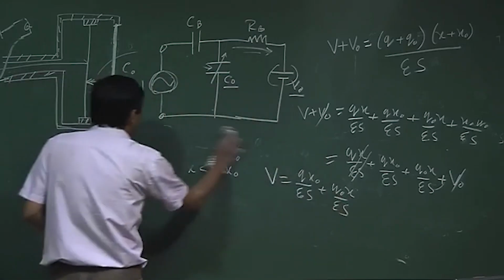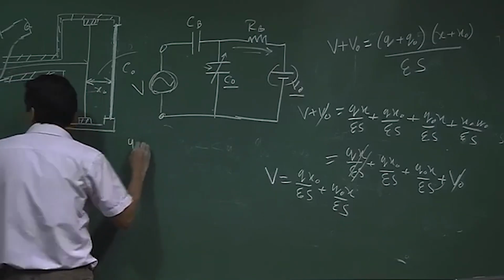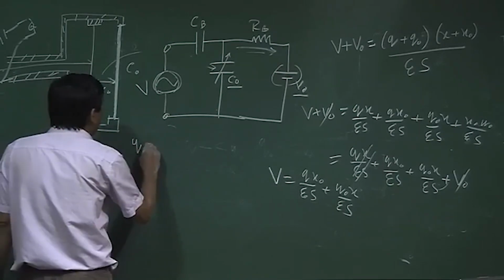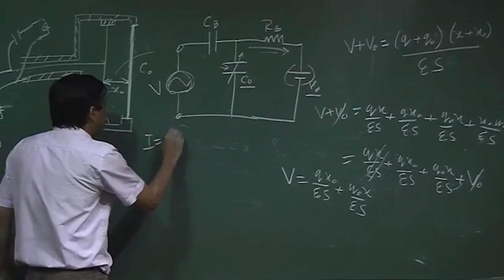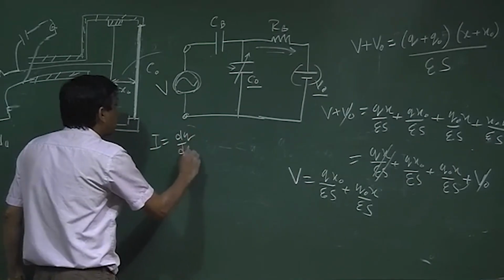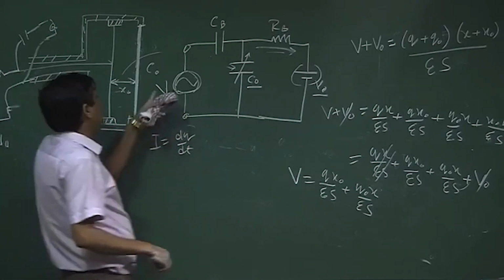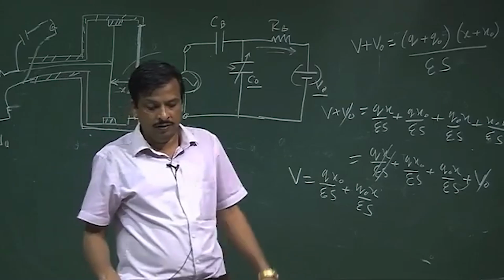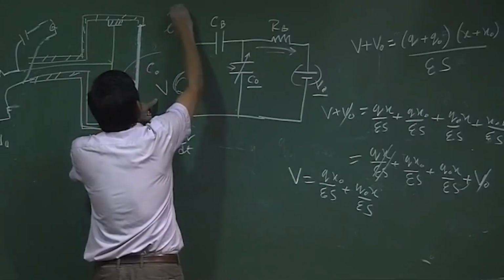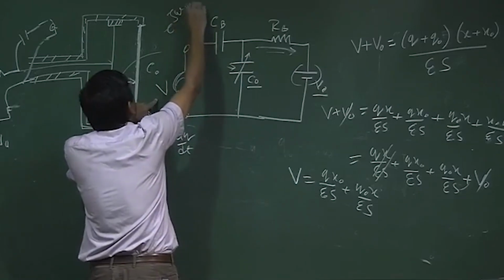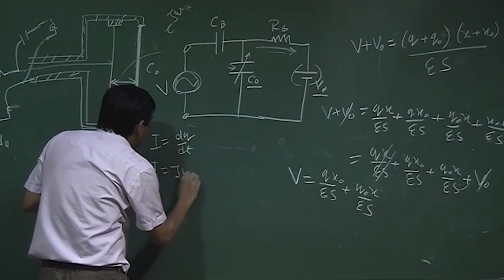Now, what is Q? Q is the charge. What is the relationship between Q and I? I is nothing but dq by dt, the first order derivative of q. If V is varying in a complex manner, in terms of e to the power j omega t, then I can say I is nothing but j omega q.